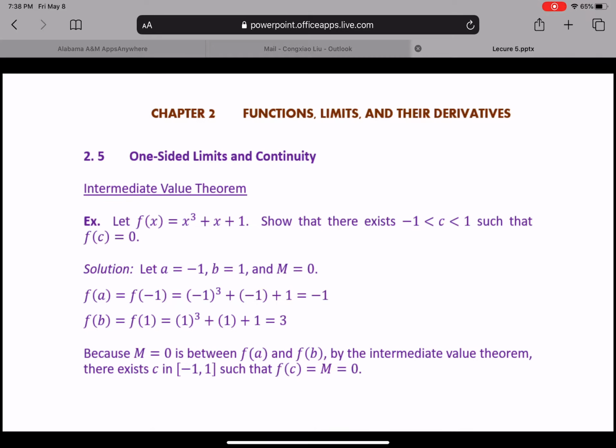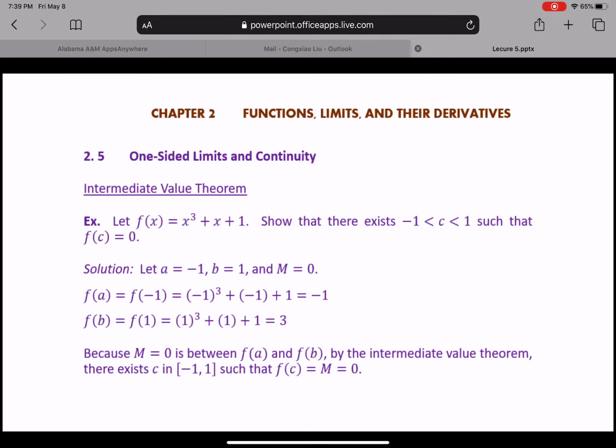The function in the example is f equals x cubed plus x plus 1. And we need to show that there exists a number c between -1 and 1 such that f of c equals 0. So what we do is we just define a to be -1 and b equal to 1 and m equal to 0.